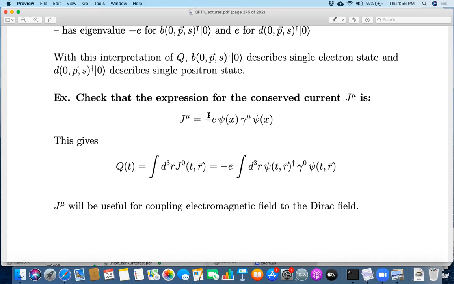So this will be useful when we try to couple the electromagnetic field to a Dirac field. Basically, we'll modify the Lagrangian in such a way that Maxwell's equation has precisely this appearing on the right hand side. But for now, we'll just proceed with free Dirac theory, keeping in mind that we can define J^mu in this way.